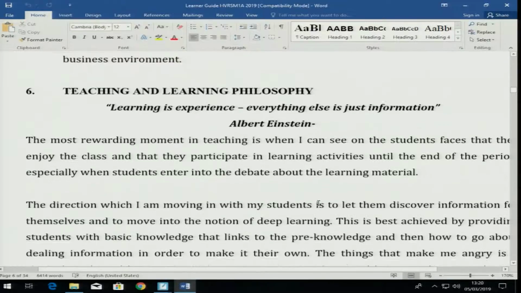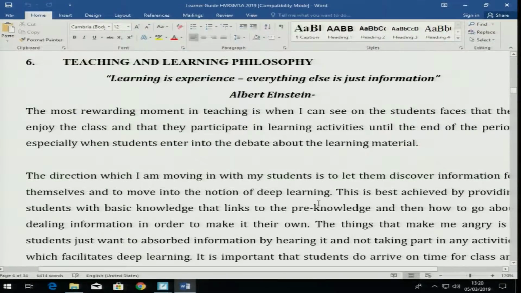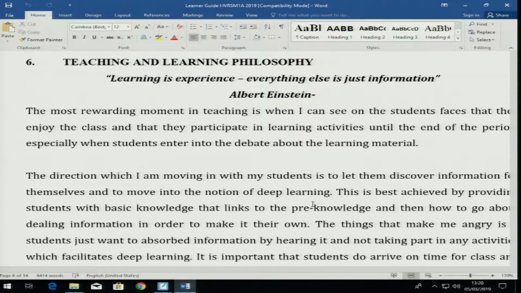Your learner guides further indicate the learning outcomes. There's a word of welcome. Then I just want to stand a minute still on my personal teaching and learning philosophy. What I want to highlight to you is learning is an experience. Everything else is information. So my purpose this year is not to provide you only with information.